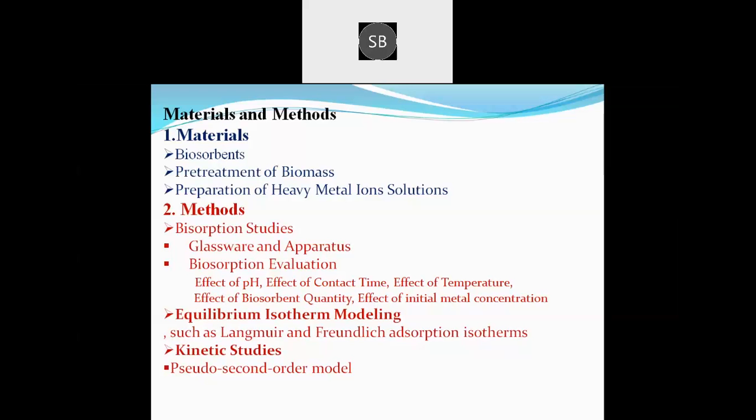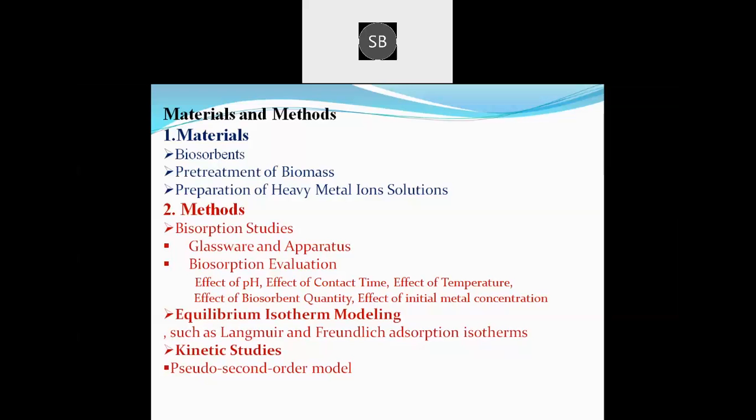After getting the data for all those things, the next part is equilibrium isotherm modeling, because this is an adsorption phenomenon, a chemistry phenomenon. There are certain adsorption isotherms that we have to check, like the Langmuir adsorption isotherm and the Freundlich adsorption isotherm, and we have to fit our obtained data to these isotherms.